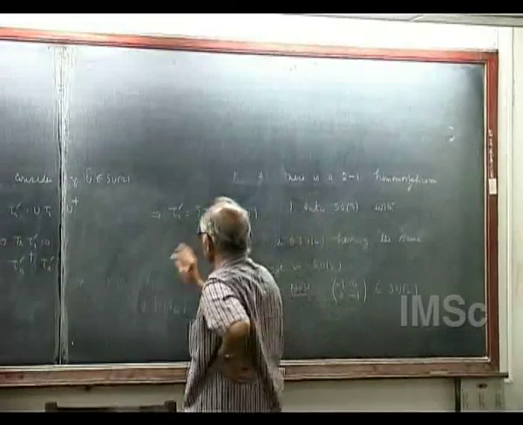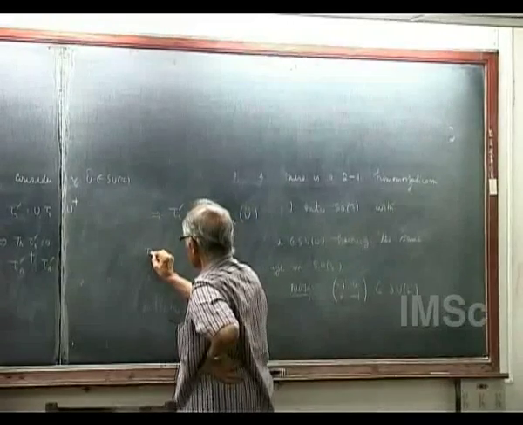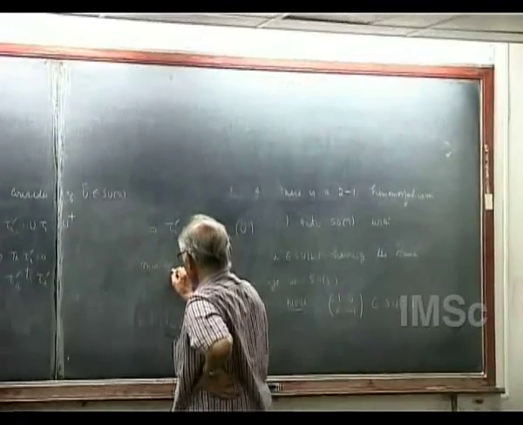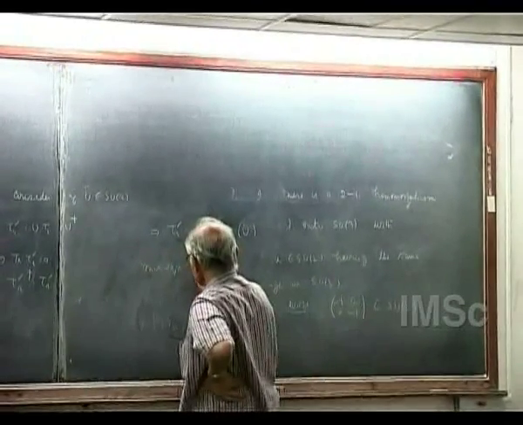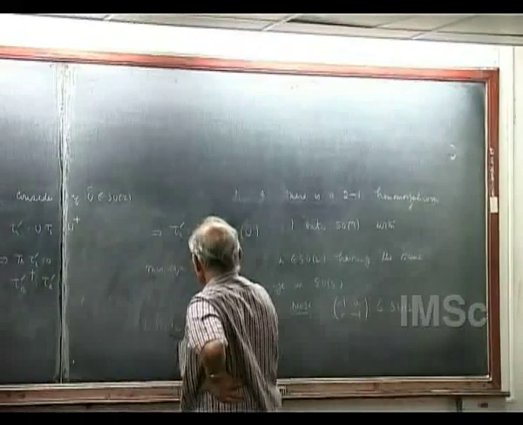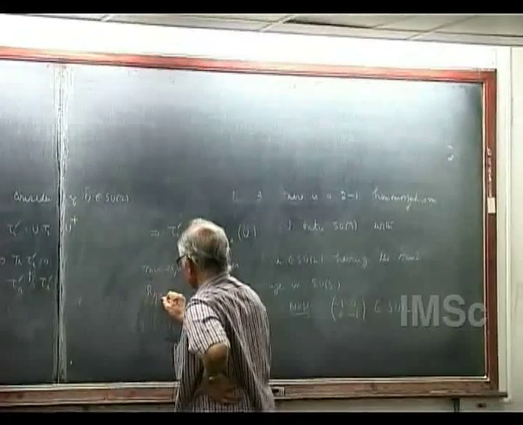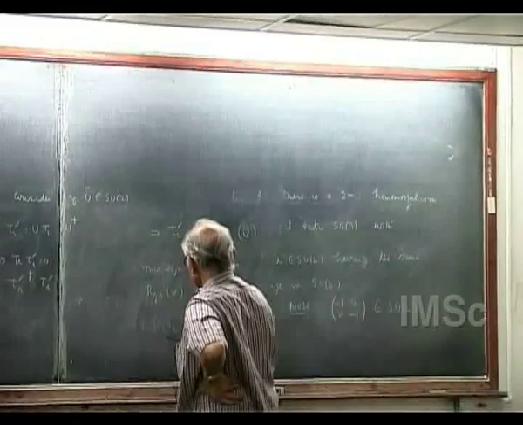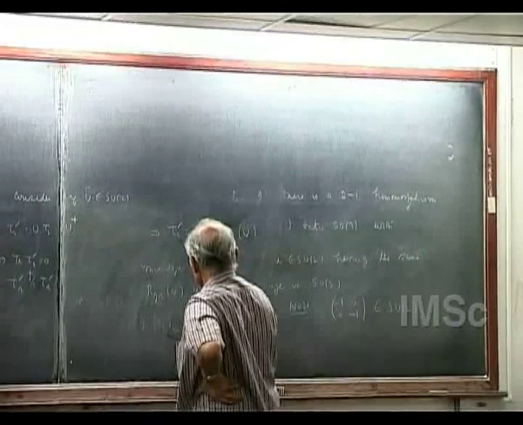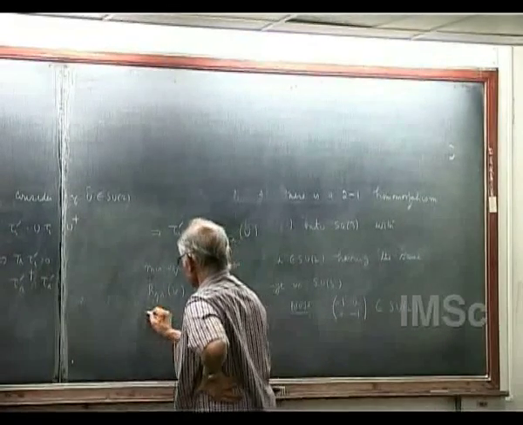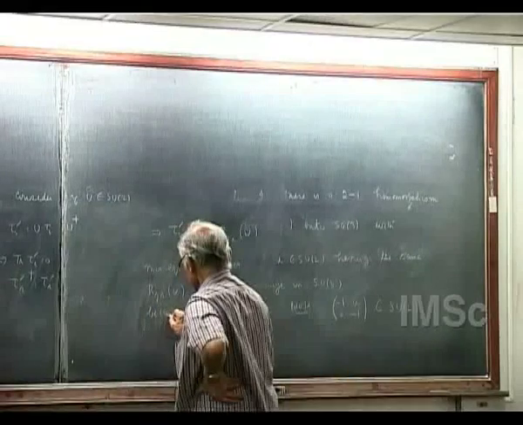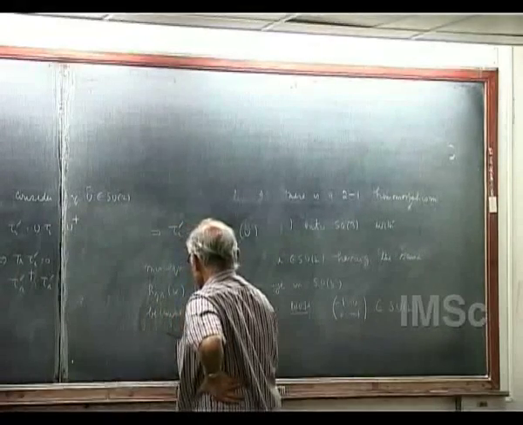Now this equation determines this R j i of u uniquely, because the tau i are linearly independent.